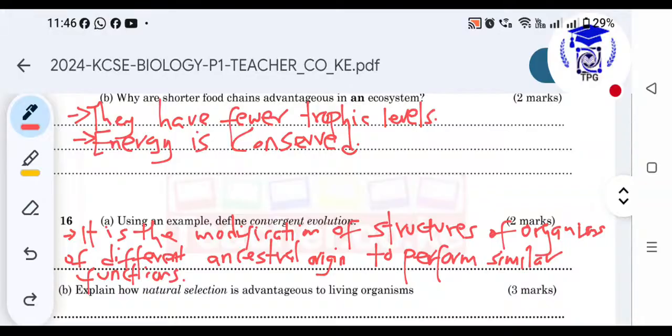An example is the wings of insects and birds.